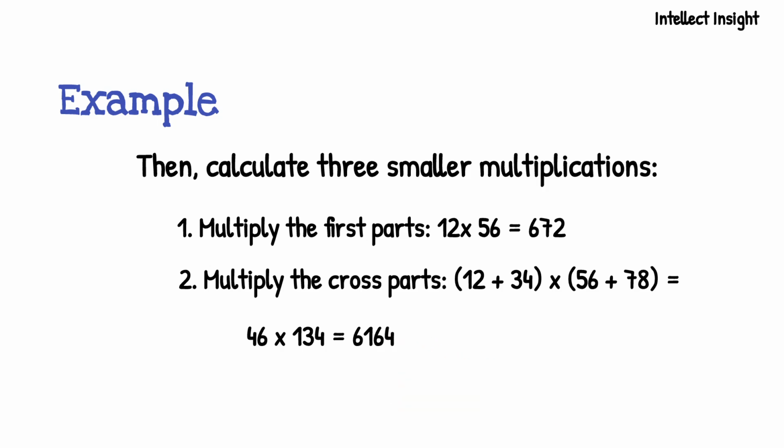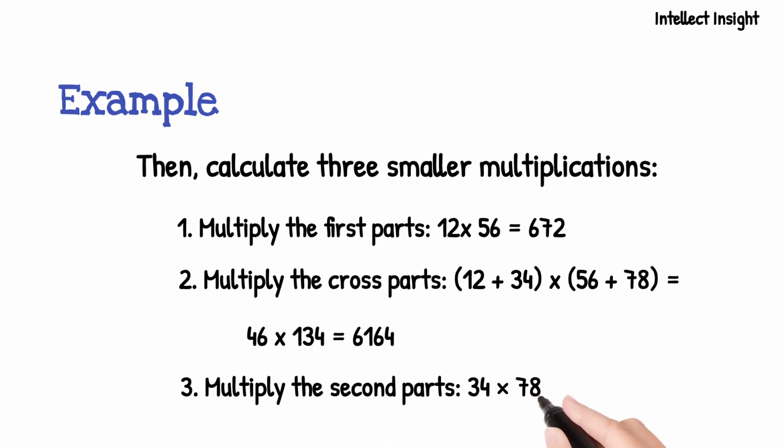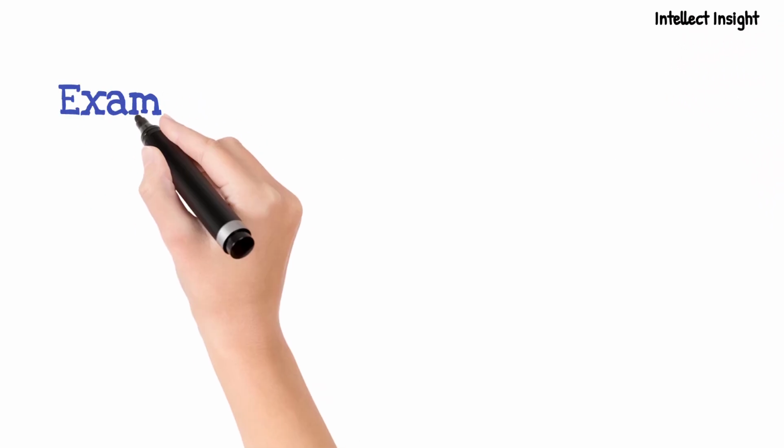Third, multiply the second parts, so it will be 34 cross 78, which will be 2652.